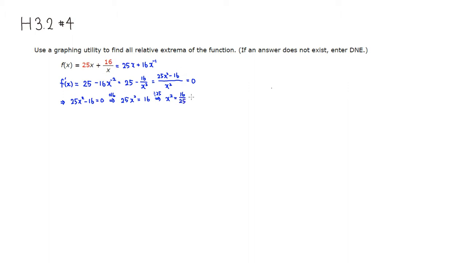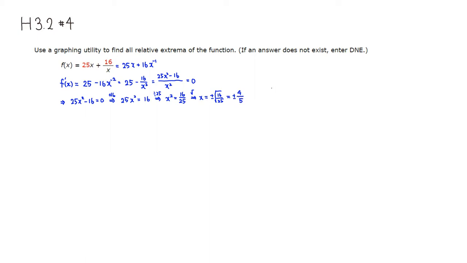Then to get rid of the square, we take the square root. So x is equal to plus or minus the square root of 16 over 25, which is plus or minus 4 over 5, since the square root of 16 is 4 and the square root of 25 is 5.